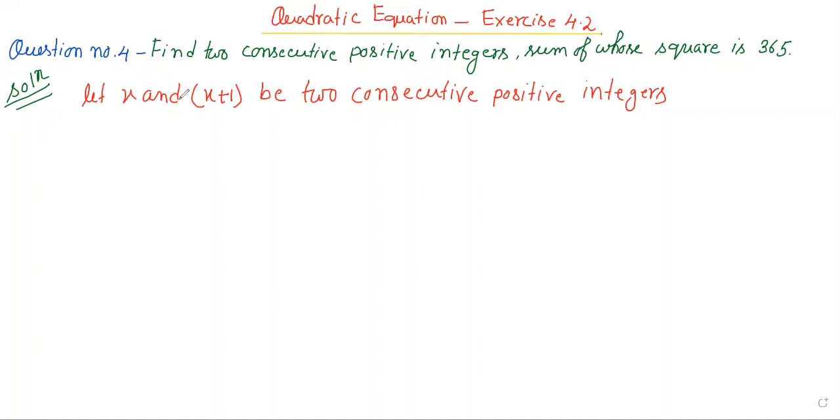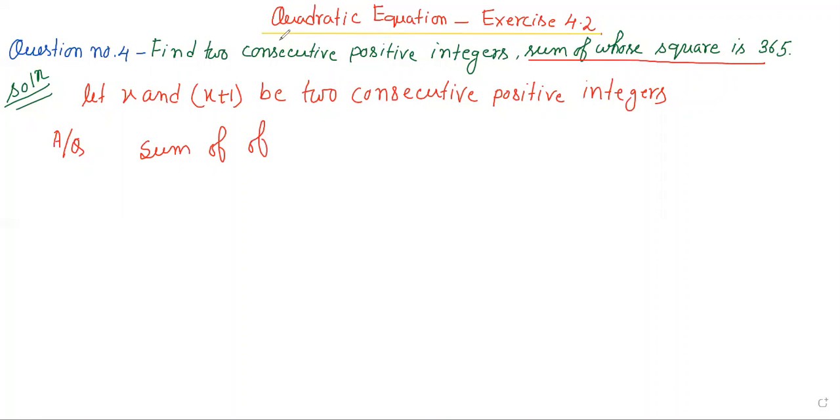Now, according to the question, the sum of whose squares is 365.